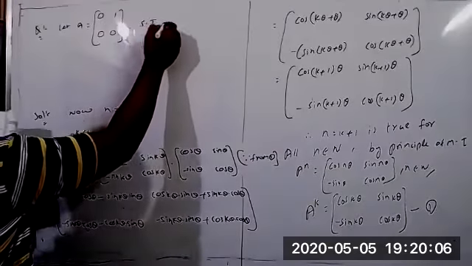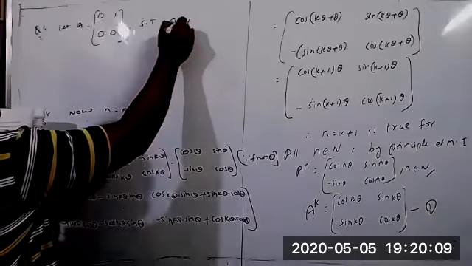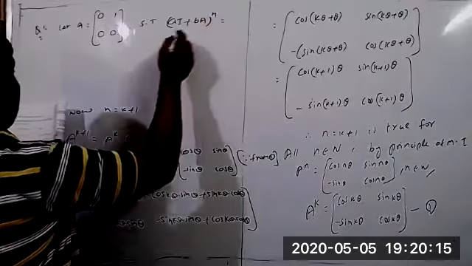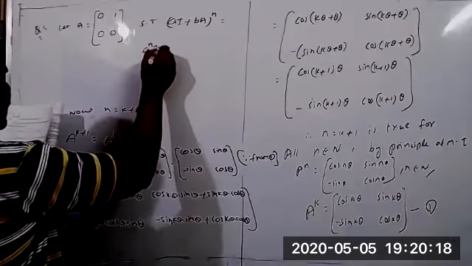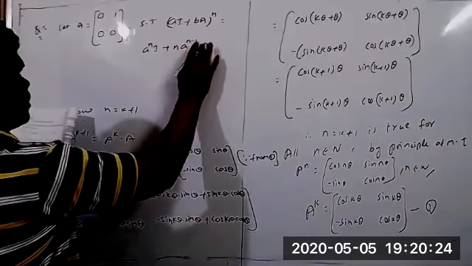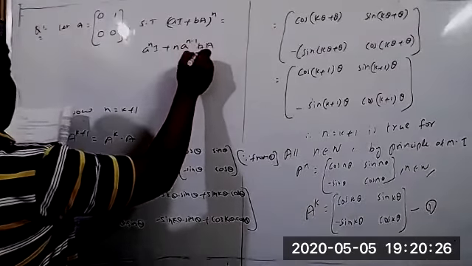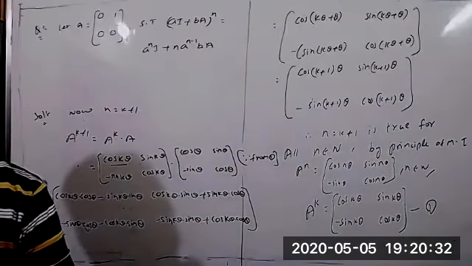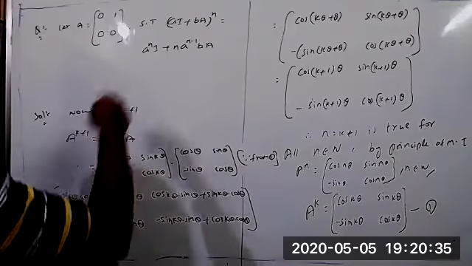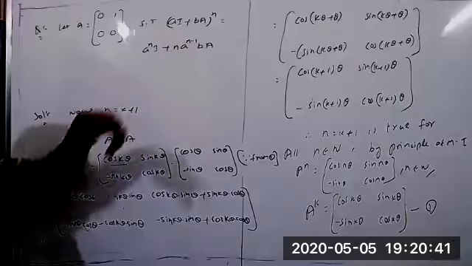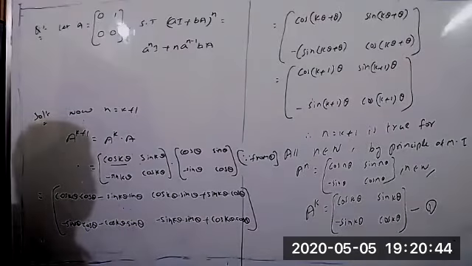Show that (aI plus bA) whole power n equal to a power n into I plus n into a power n minus 1 into bA, where I is the identity matrix of order 2 and n belongs to N. Now we have to prove this.